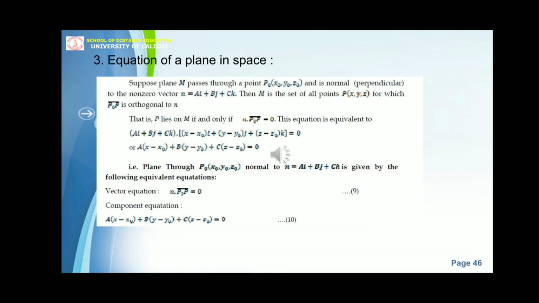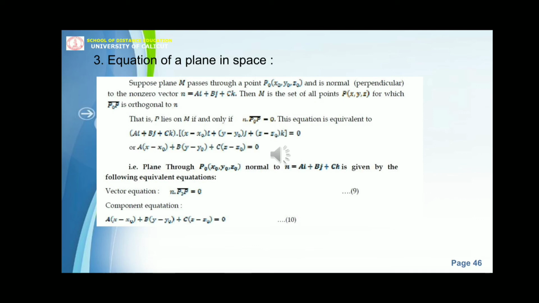Equation of a plane in space. Suppose M is a plane that passes through the point P0 denoted by x0, y0 and z0 and is normal to the non-zero vector n = ai + bj + ck. Then for any point P denoted by x, y, z on M, the vector P0P is orthogonal to n.